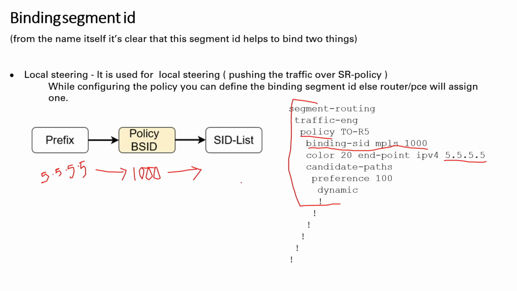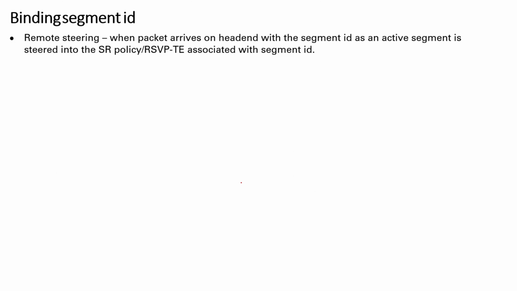So this is for local steering, but we have a use case in remote steering as well, and it has many advantages. When a packet arrives on the head end with the binding segment ID acting as the active segment, it helps to steer the traffic into the SR policy associated with that segment ID.